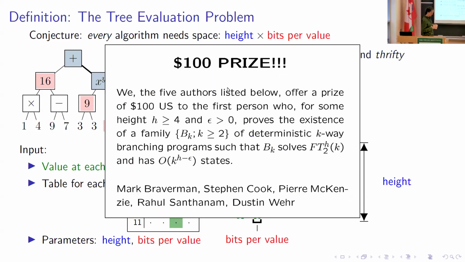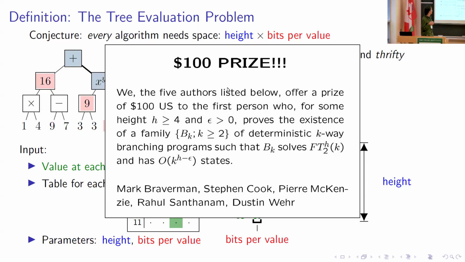In fact, some people even offered a prize to anyone who can beat the conjecture. So they wrote, we, the 5 authors listed below, offer a prize of $100 US to the first person who, for some height h and some epsilon greater than 0, proves the existence of a family of deterministic k-way branching programs which solves the tree evaluation problem and has on the order of k to the h minus epsilon states.